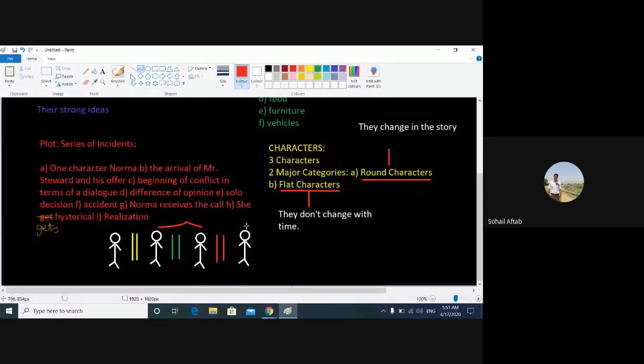Leaving his home, leaving Norma, leaving everything behind, because you cannot change the situation and it's better to separate yourself from it.